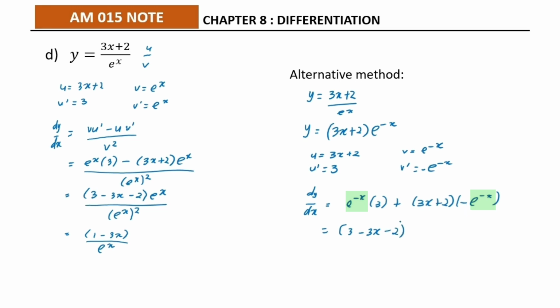Negative 1 times 3x is negative 3x, and negative 1 times 2 is negative 2. Then e power of negative x. Simplify, 3 minus 2 is 1 minus 3x over e power of x. So whichever method we use doesn't matter. We still get the same answer.